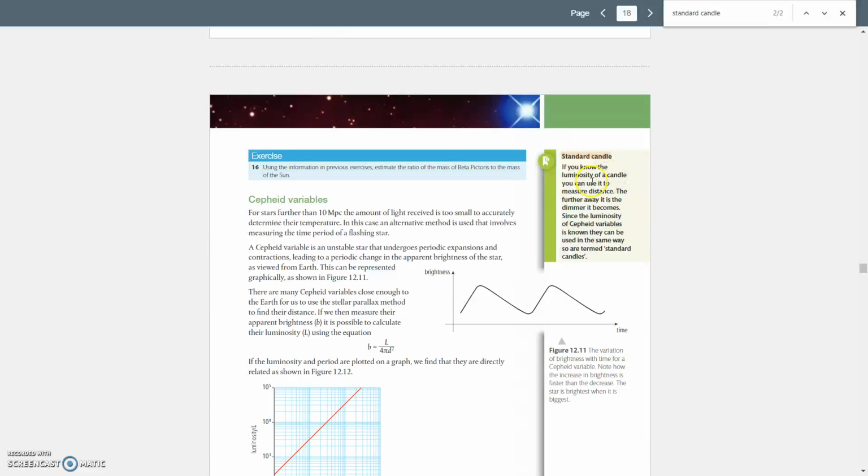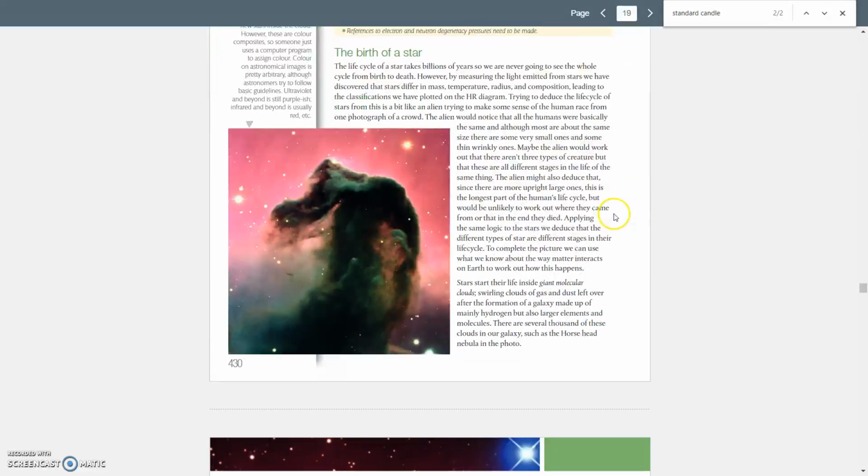If you know the luminosity of the candle, you can measure its distance. The further away it is, the dimmer it becomes. Because the luminosities of Cepheid variables are known, they function in the same way. So for standard candles, we know the luminosity, and distance can be calculated by measuring the brightness. Thus, they can be called standard candles.